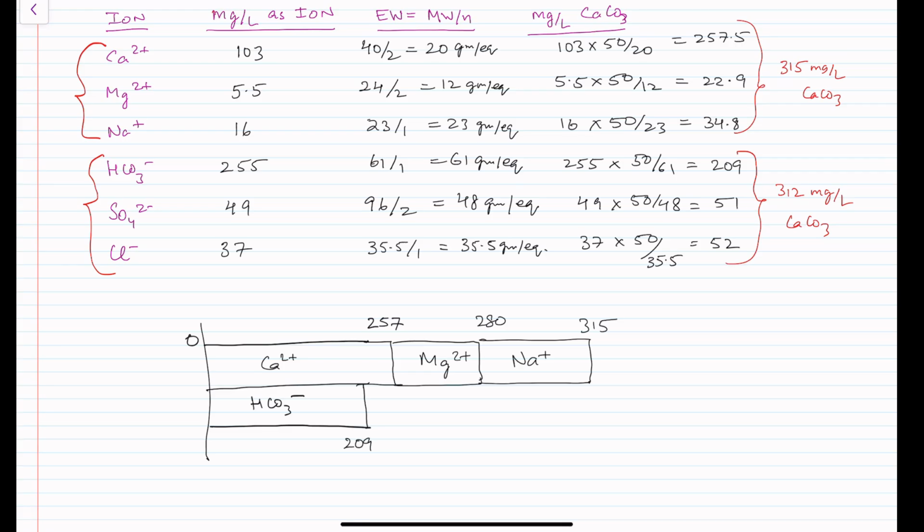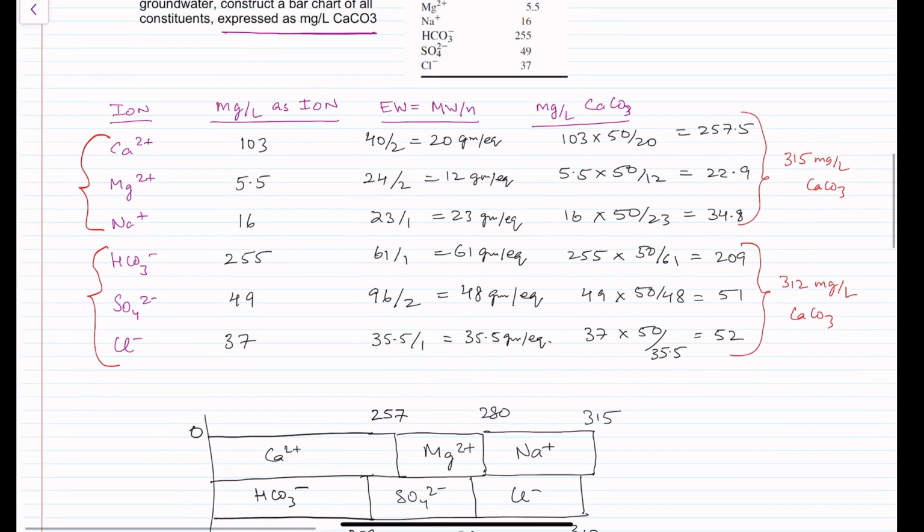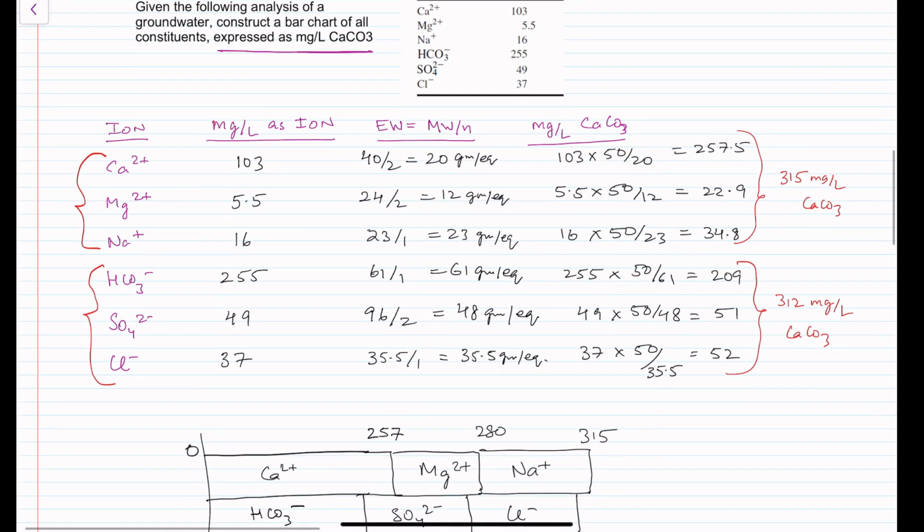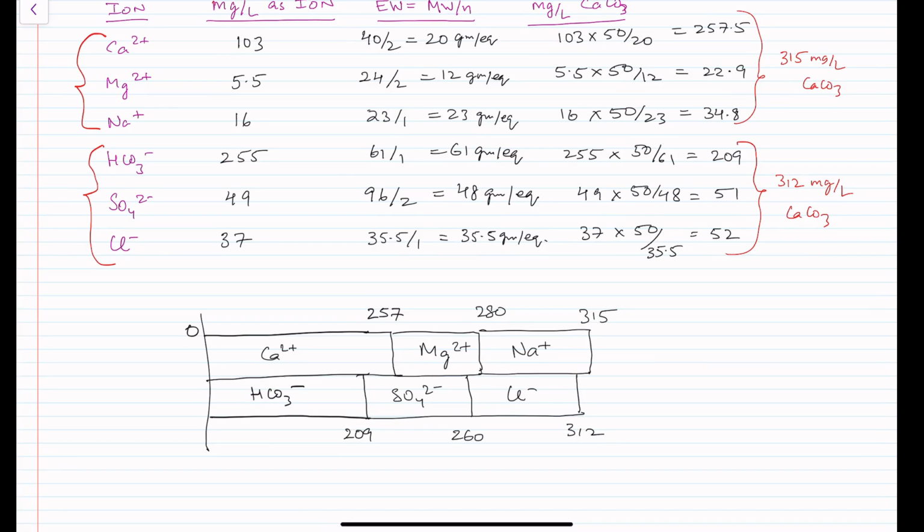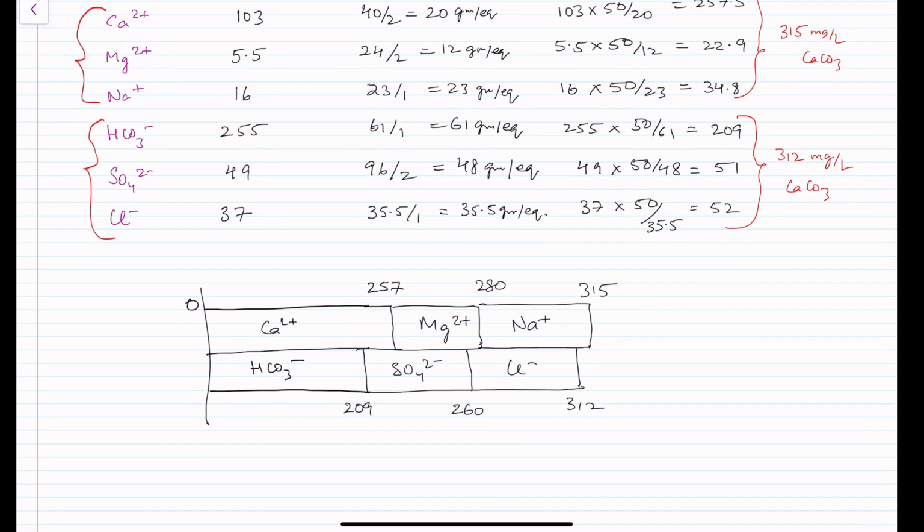Then we have the sulfate and chloride, which are almost equal, so 209 plus 51 will be 260. So we have drawn the bar chart, and now we can look at this chart and get some other information from here.